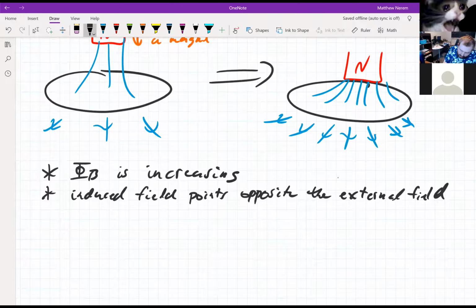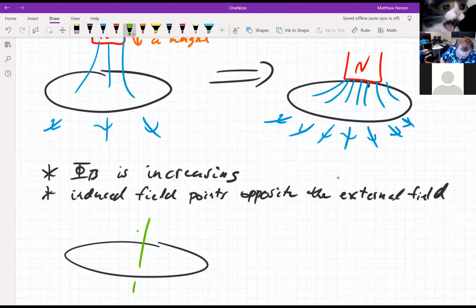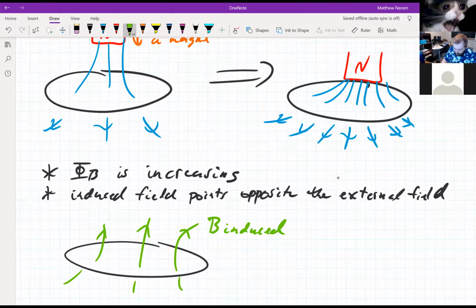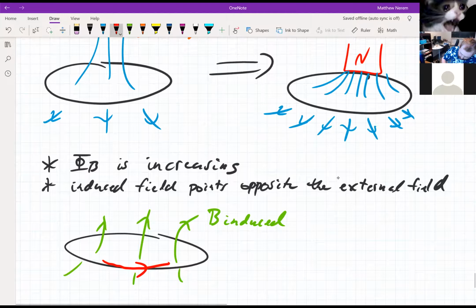So this loop needs to create a field that does this. The induced field. And now we can use our right-hand rules to get the direction of that current. There's the direction of the induced current for that case.